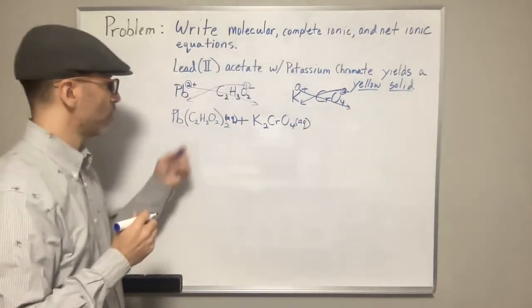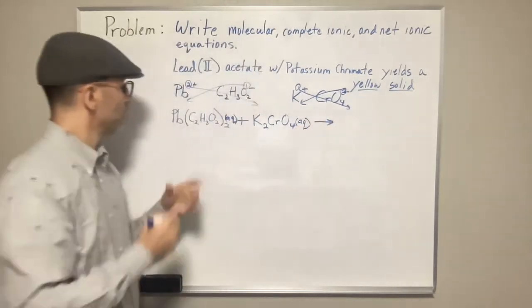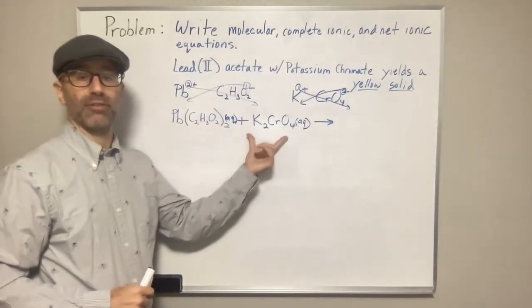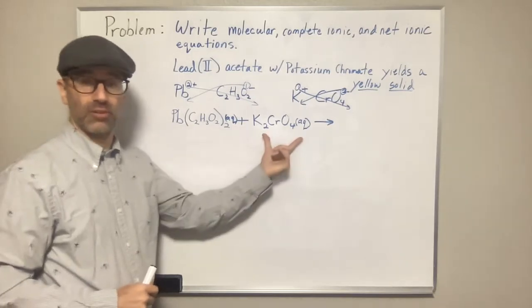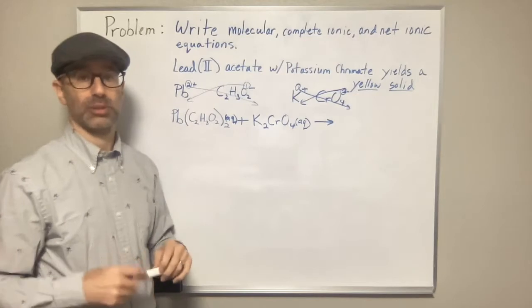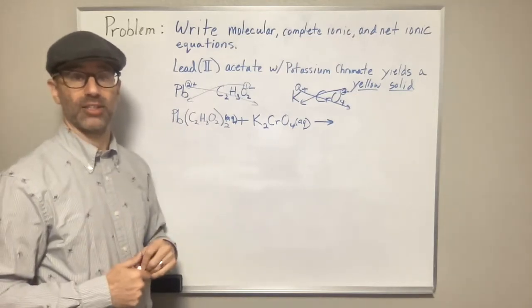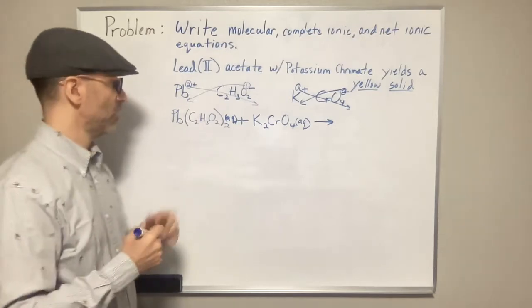So now we have our reactants. So now we need to figure out what our products are. And so you'll notice you have 2 ionic substances as reactants. That's a dead giveaway that you've got a double displacement reaction. So you need to figure out the products from the double displacement reaction. What does that mean?